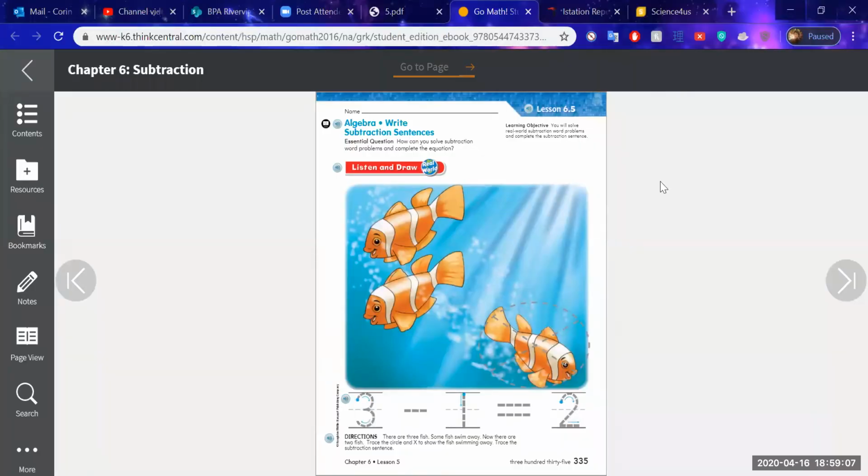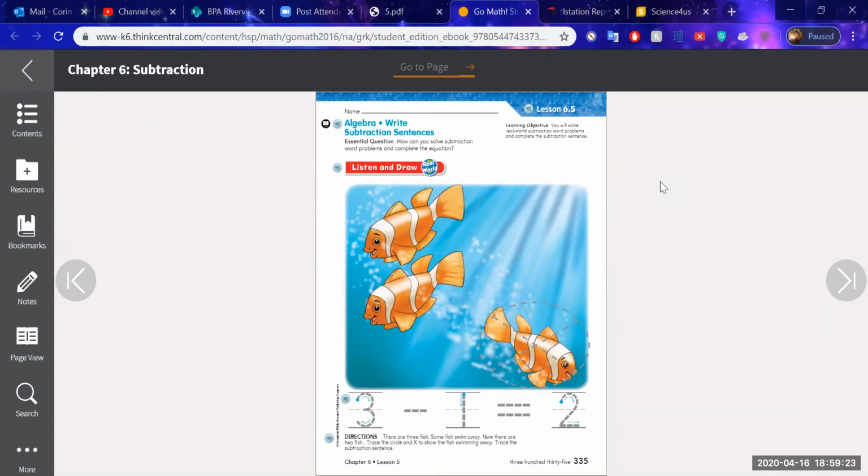All right, now we're going to get ready to move on to math. For math today, we're going to be working on different subtraction problems. Tell me, what do you see in the picture? You see some fish? And what do you notice about one of the fish?